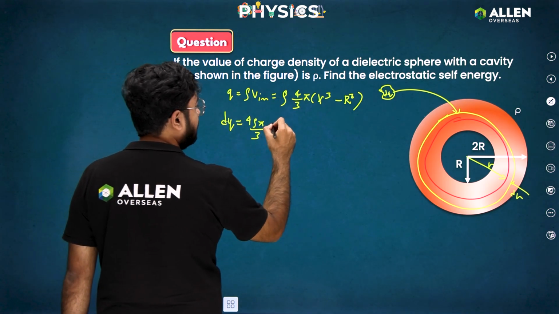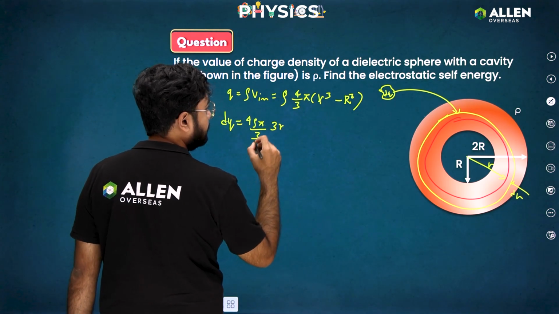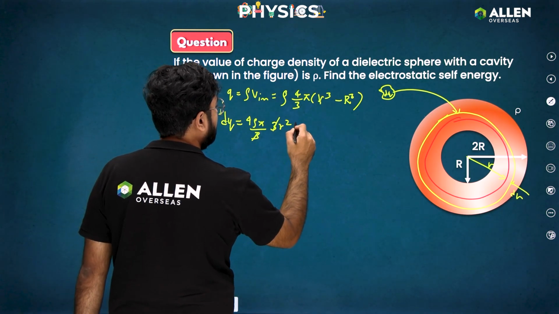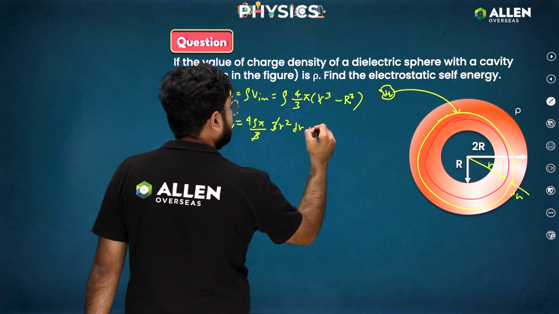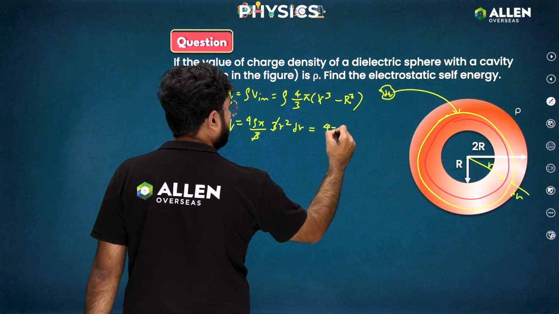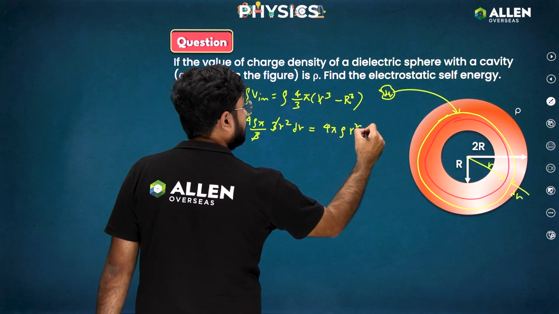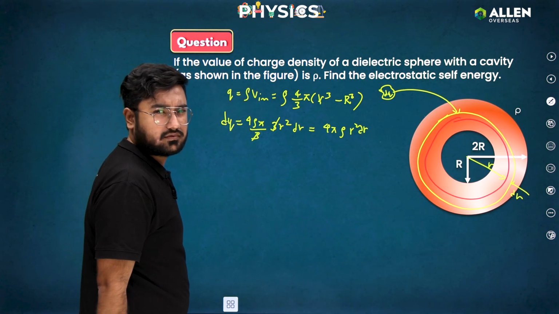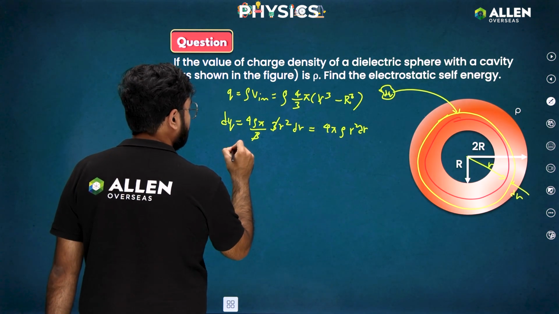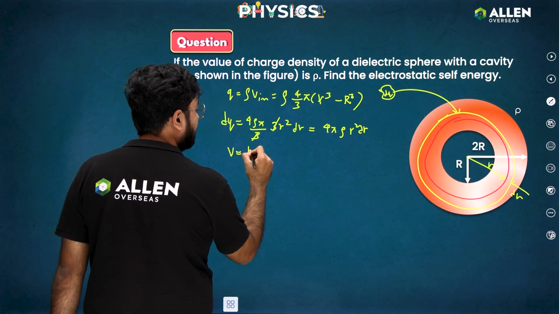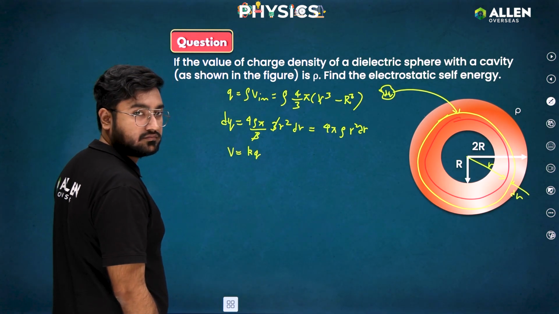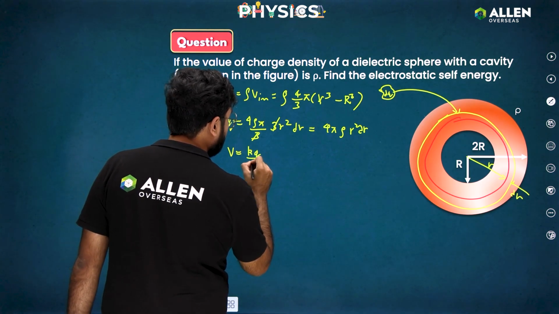If I differentiate this, this will be 3r squared and rest will be 0. So this thing will be equal to 4 pi rho r squared dr. No rocket science. What will be the potential energy? Potential energy is kq by r.